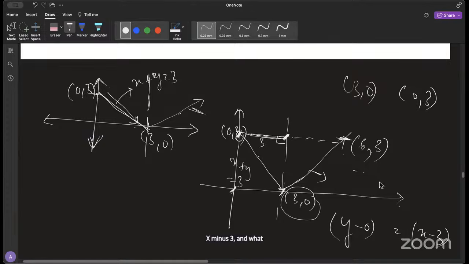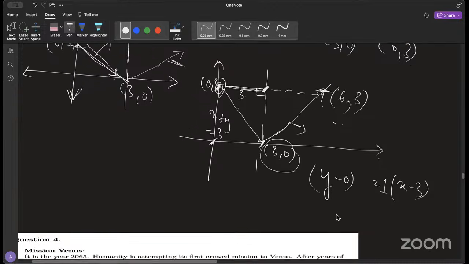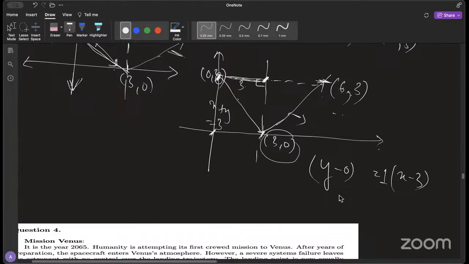And what's the slope? It's (3 minus 0) over (6 minus 3), so it is 1, right? So this is going to be y equals x minus 3, or you can say x minus y equals 3.